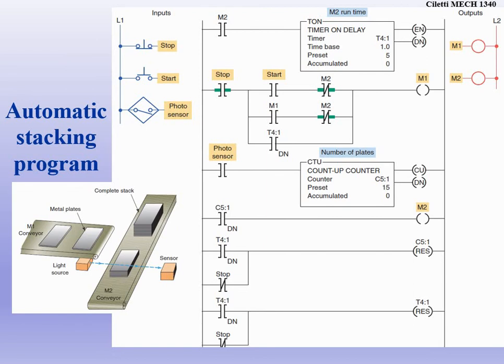So we want to make sure everything's properly aligned when we're dropping something, as we're having two conveyors working together, and we're dropping something from one conveyor onto another conveyor. Timing is everything, but we still want to not only time it, we want to count it and make sure everything is going as well.